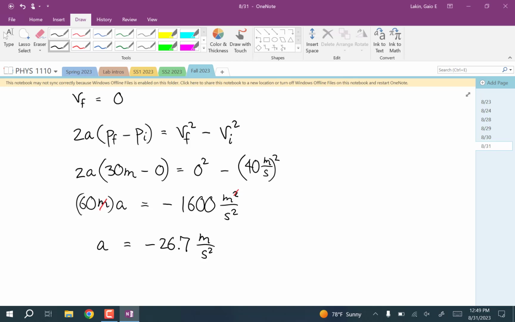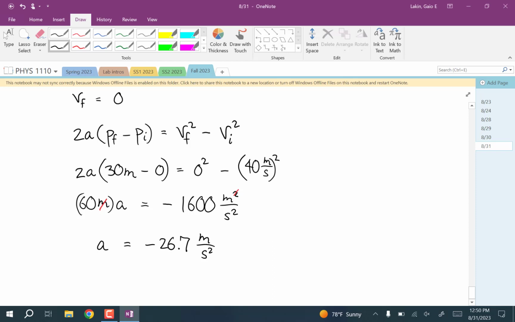Positive. And is this car speeding up or slowing down? Slowing down. So remember, slowing down means velocity and acceleration have opposite signs. So we expect acceleration to be negative, and that's what we got.